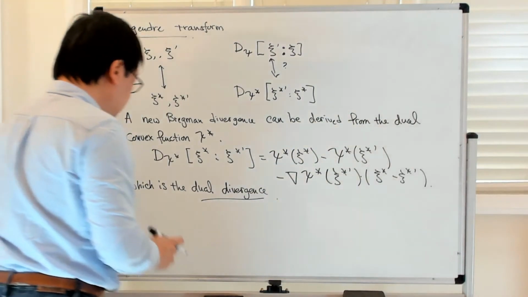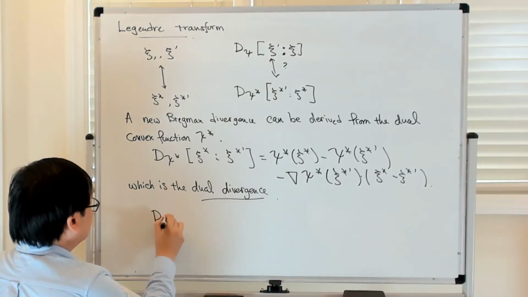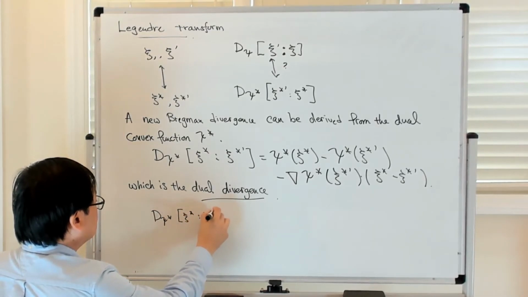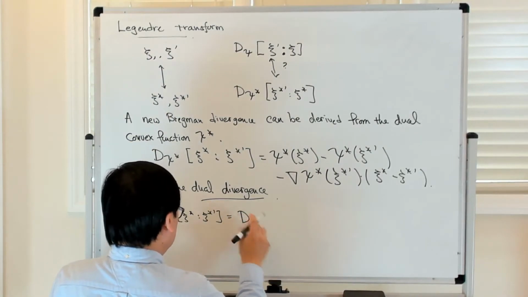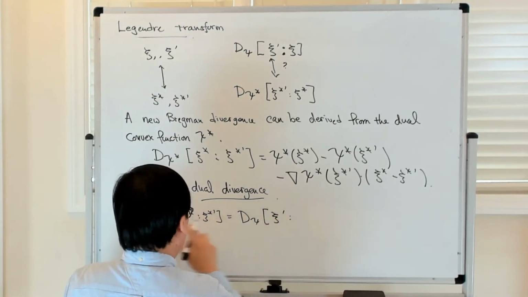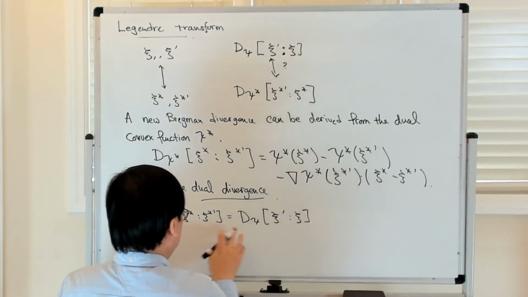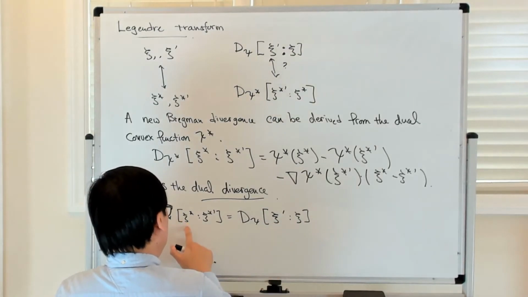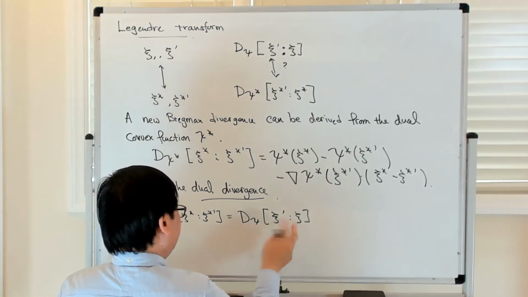Okay, so what happens is that you can check that this thing is equal to the primal divergence, for lack of a better term, of the 2 points corresponding to the dual of this, but where the entries are reversed. Because here we have the non-prime, then the prime, and here the prime, then the non-prime. So they're equal, except that we have this interchange.